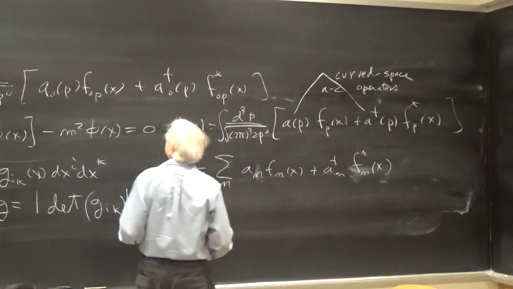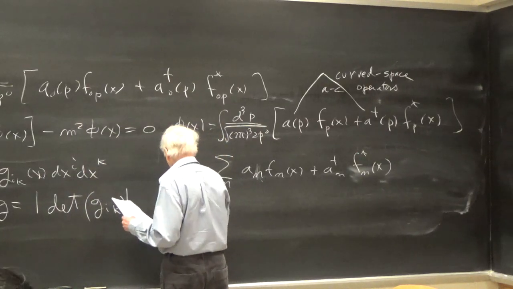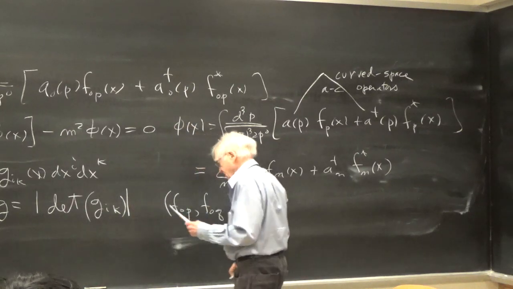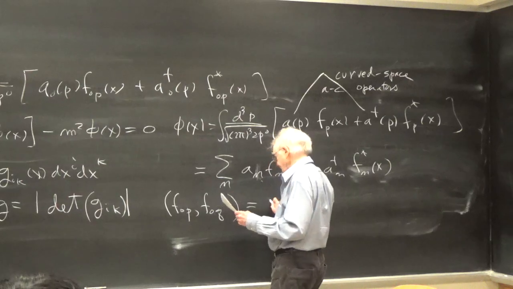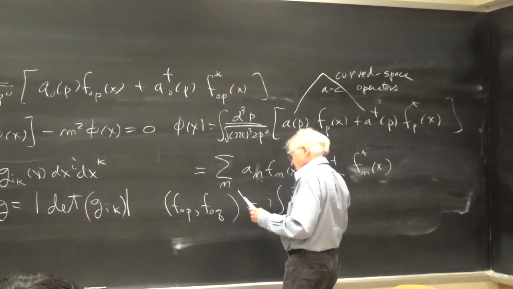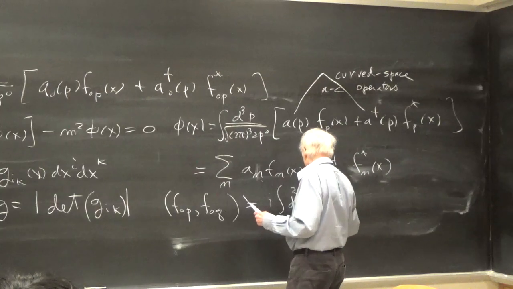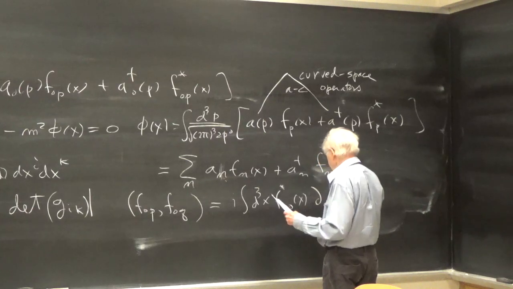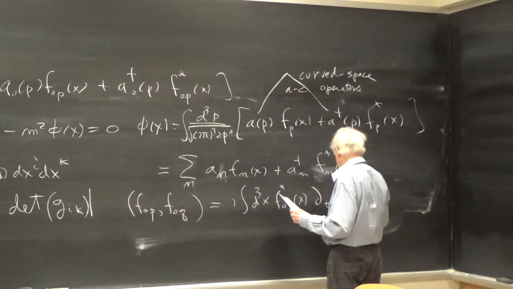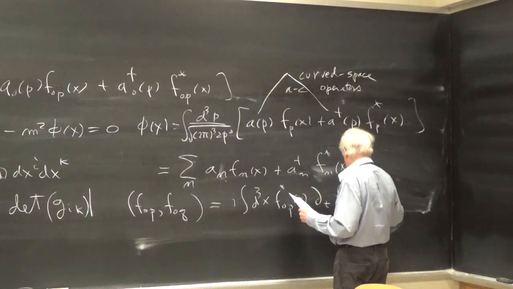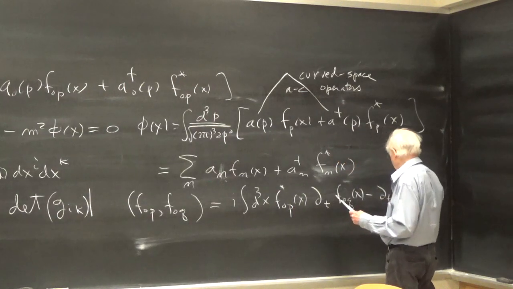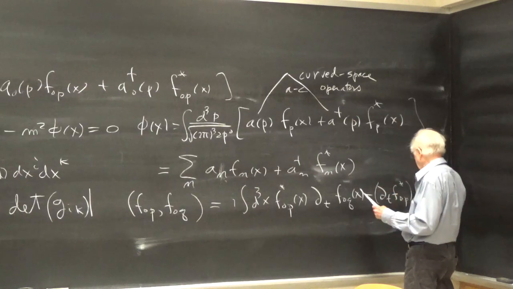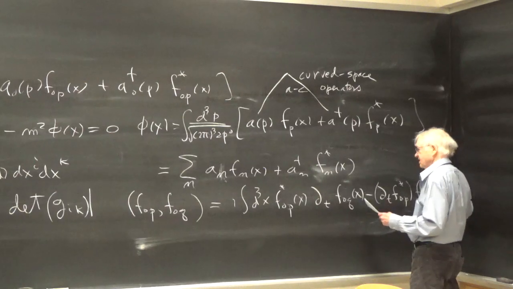In any event, the flat space mode functions obey this inner product relation. The integral d cubed x of f0p star times the time derivative of f0q of x, minus the time derivative of f0p star times f0q of x.